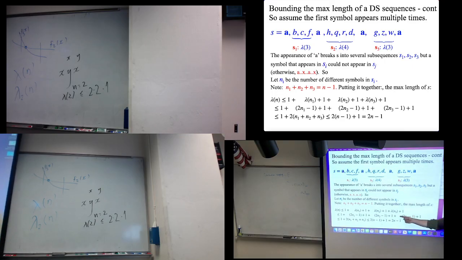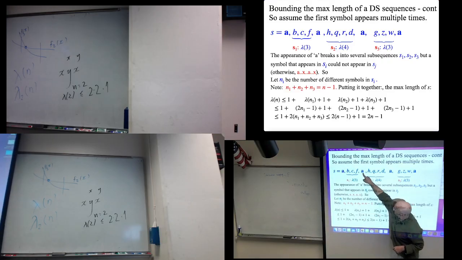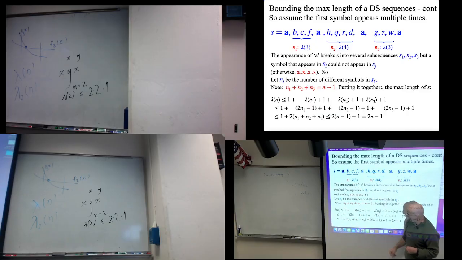Why did I write it with so many blanks? Because here the 1 that the A paid for killed this one. This A is deleted by the minus 1 over here. This A is killed by this minus 1. And the first A nobody pays for.